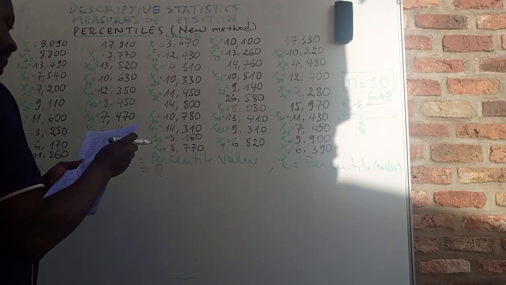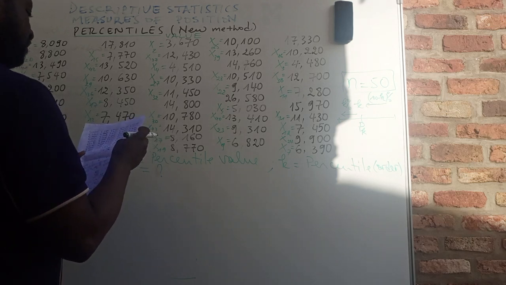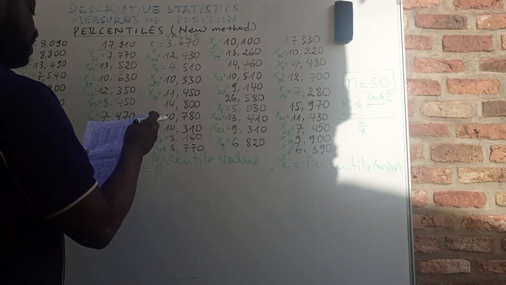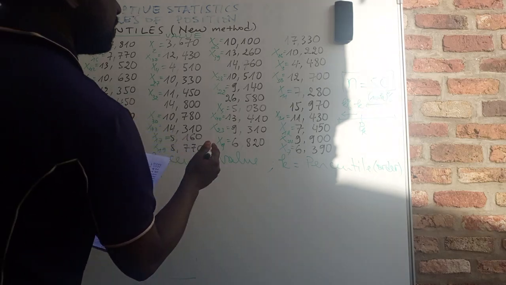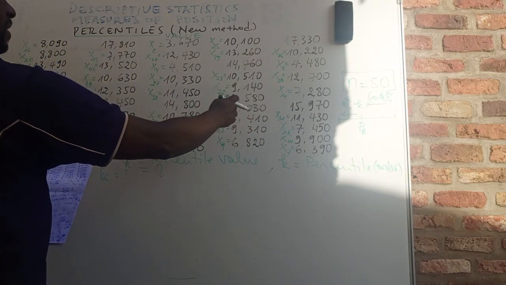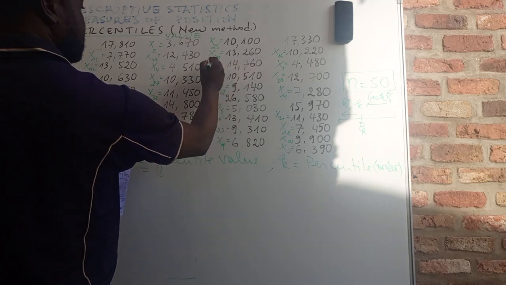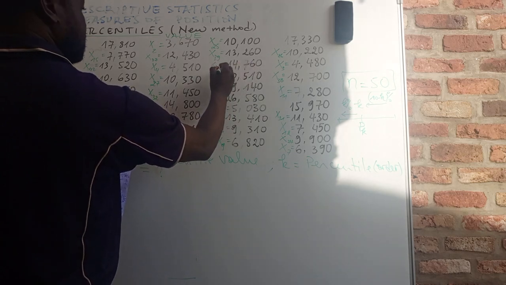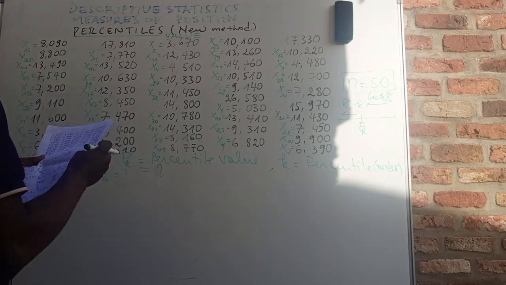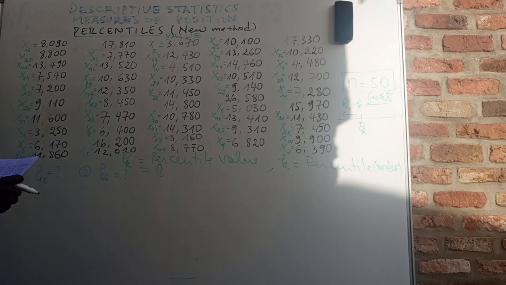Next is x sub 44. It is 14760. It is here. x sub 44. Okay, x sub 45. It is 14800.